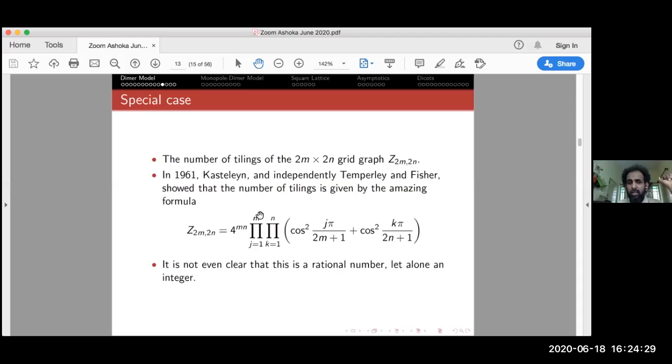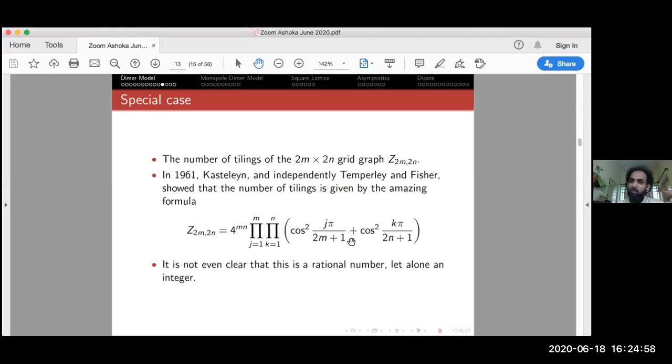It's 4 to the mn times this product over j going from 1 to m and k going from 1 to n of the sum of two cosine squareds, where the arguments are multiples of pi, and the denominator is an odd number. It's really an amazing formula because each one of these terms is an irrational number in general.